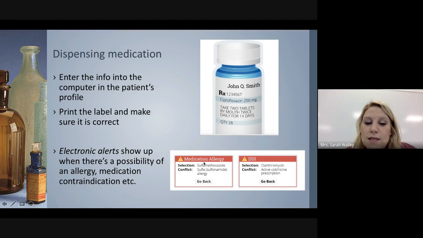So for this conflict, this says sulfamethoxazole. And the conflict is it's a sulfa drug, but the patient has a sulfa allergy, which is pretty common. So then you would be like, oh, we can't give this to that patient. We have to contact their prescriber.